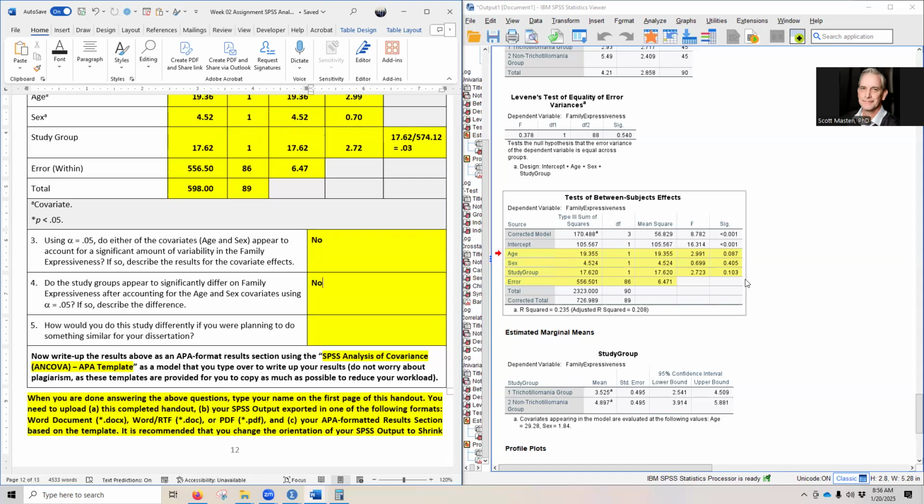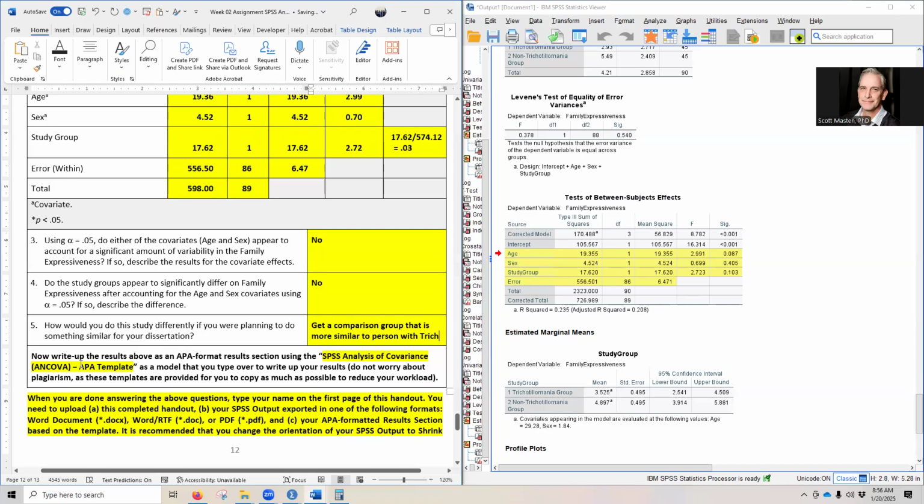Try to get a comparison group that is more similar in terms of age and sex. If I was planning to do it, I would get a comparison group that is more similar to persons with trick. That's what I would do.